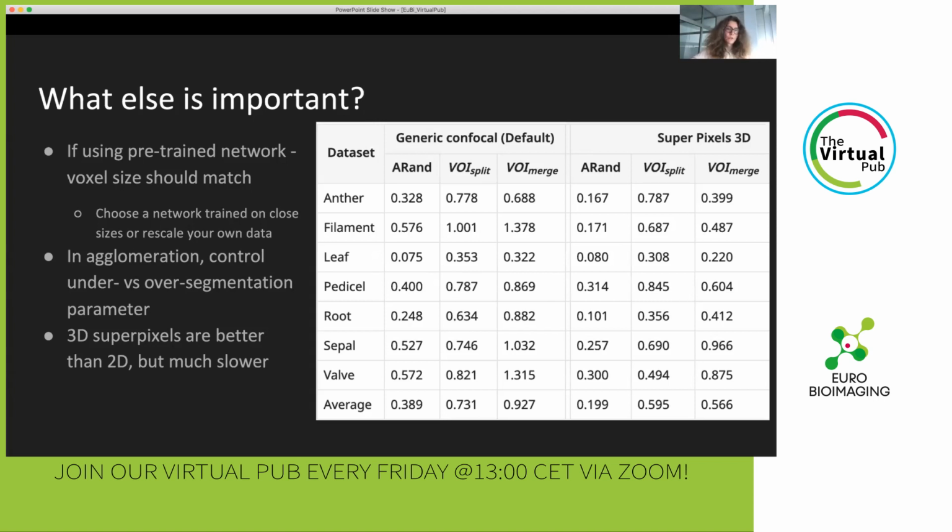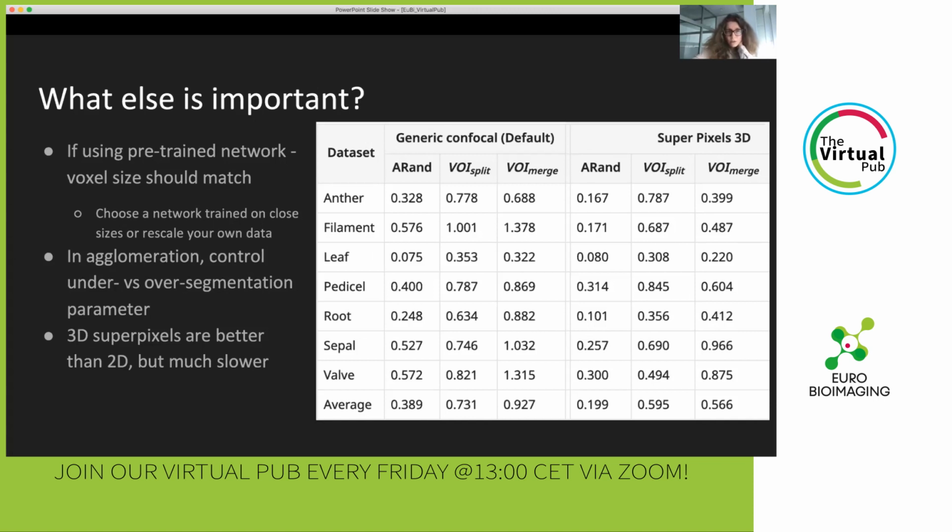The problem is you also wouldn't notice, because it would still try to do something, and you wouldn't even know if it just didn't quite work because the data is too far off, or because the network was bad. But you have to really be careful that the pixel size matches. If you can't make it match, well, too bad. Then you do what you can, and then you produce the training data in the way I showed. If you can make it match, that's great. So if you can rescale your own data to the size that was used in the original training, that's cool.